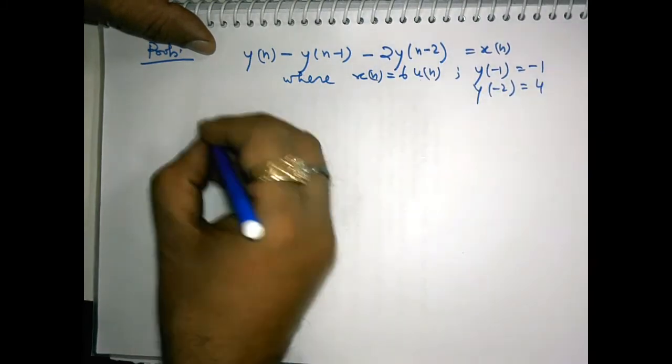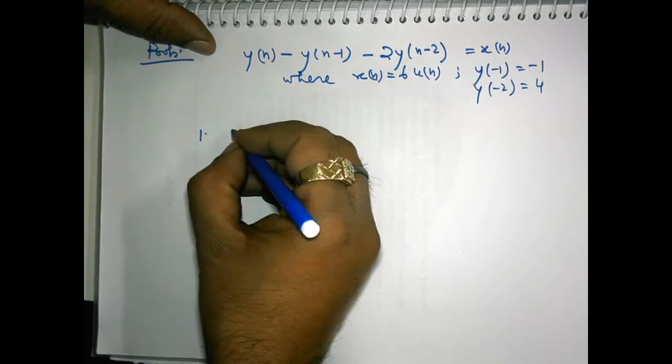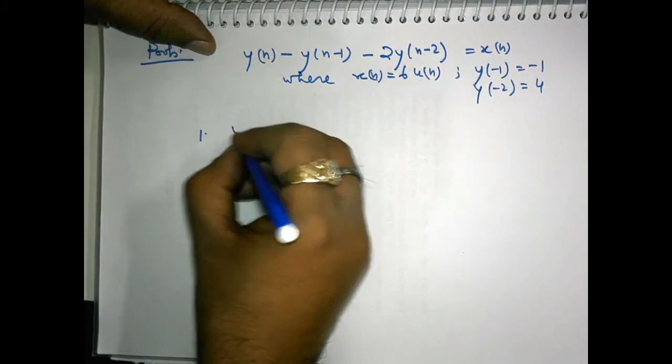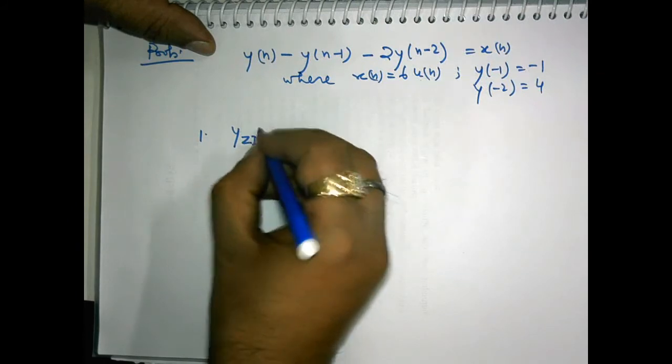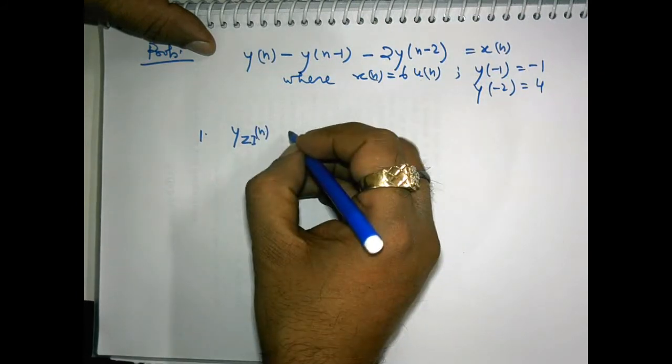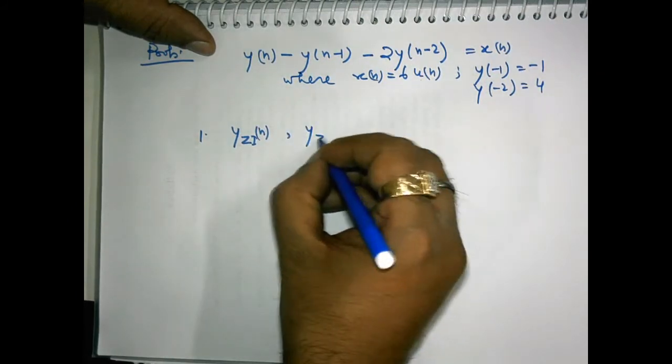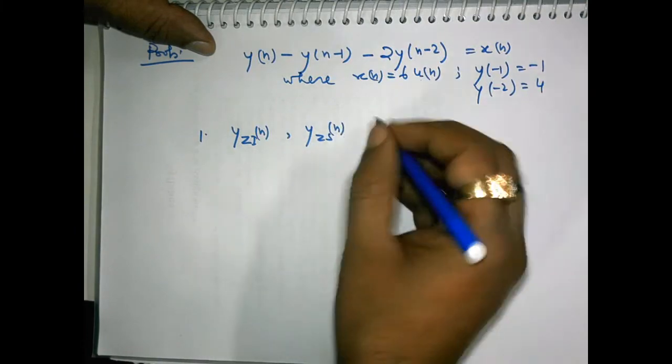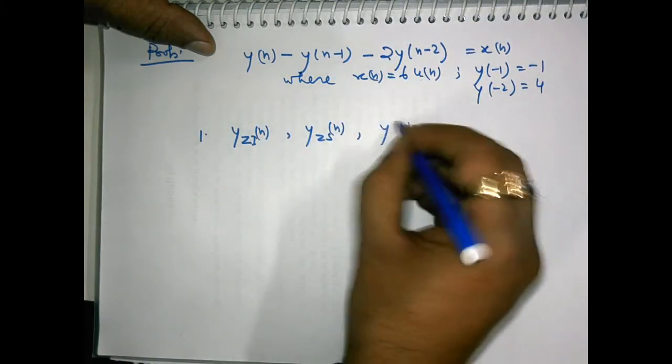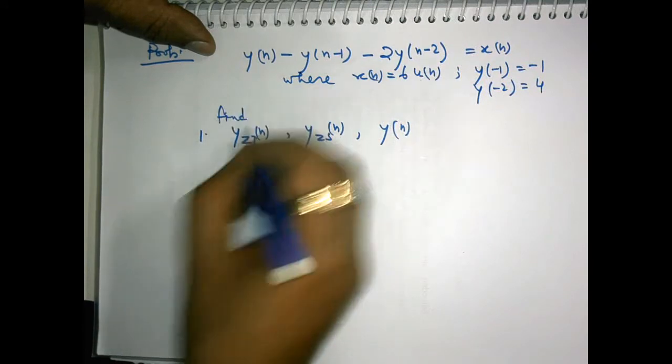What we have to find is the zero input response, that is yzin, the zero state response and the total response. This we have to find, first thing.